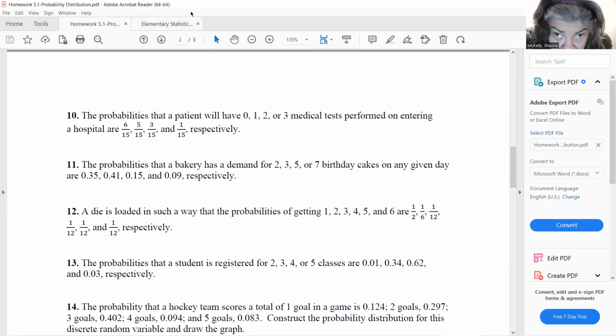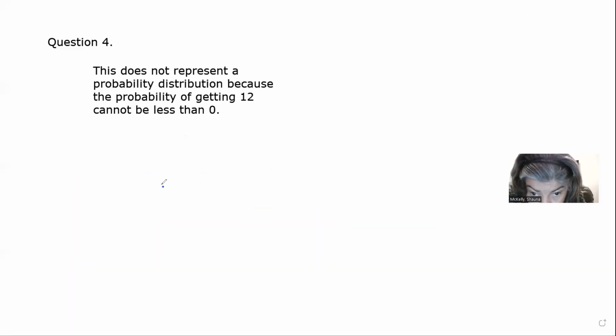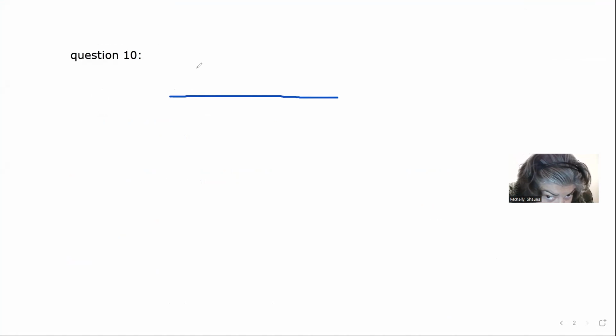So we're going to say this. You're actually going to construct what you've seen. So we're going to look at question 10 here. Question 10. And what we're going to do when you construct a probability distribution, you're going to draw a line, give yourself some space, and make a line here.